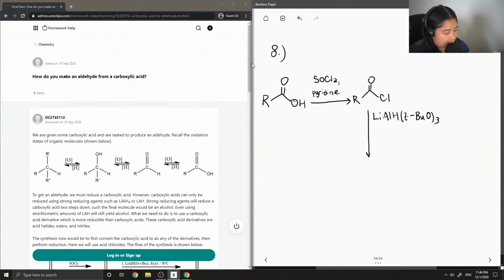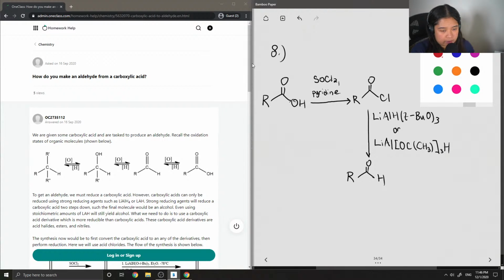So this reagent is called lithium tri-tert-butoxyaluminum hydride. So it can be written like this, or it can be written like this. And basically this is what changes our chlorine to the hydrogen to get our final answer.